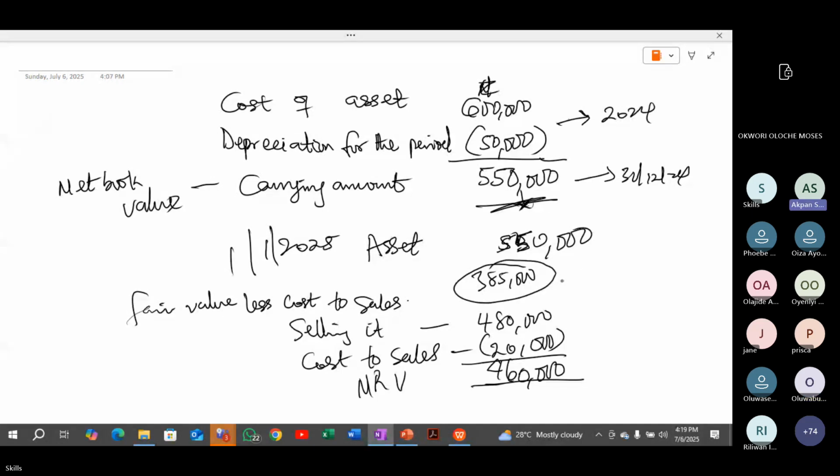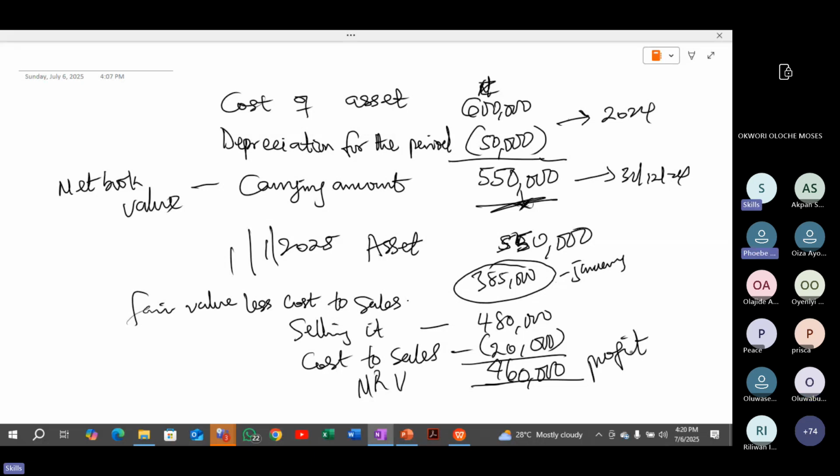You make profit. I bought it at 385 in January, and as at this July, if I want to sell it, I will sell it at 480, spend 20,000 naira to refurbish it. That means the amount I will get is 460. I have made a profit.